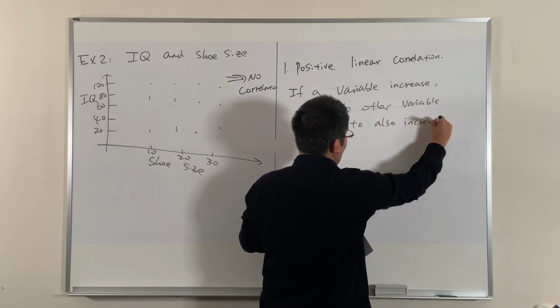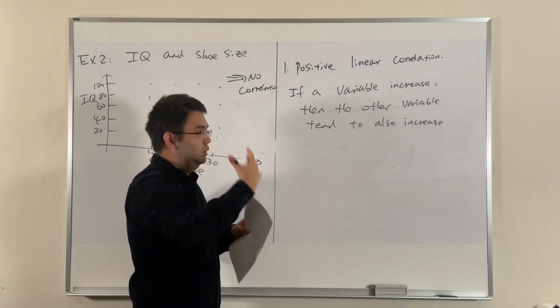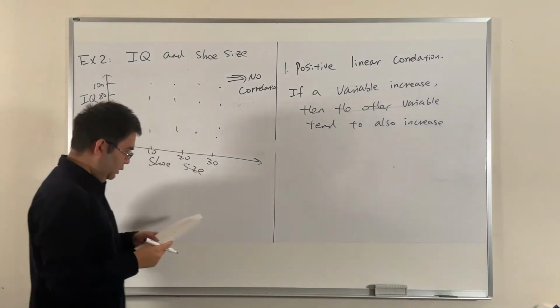So one variable goes up, the other variable tends to also go up. That's positive linear correlation.